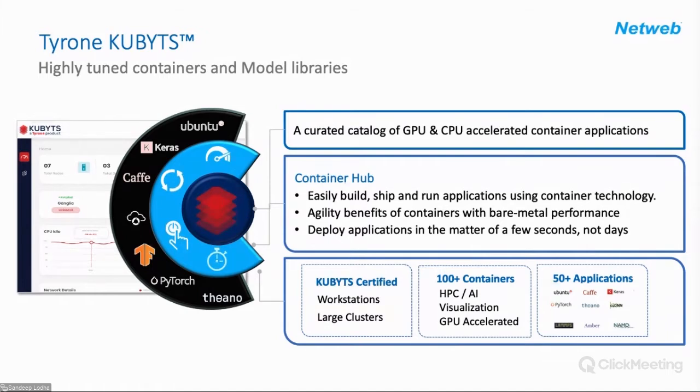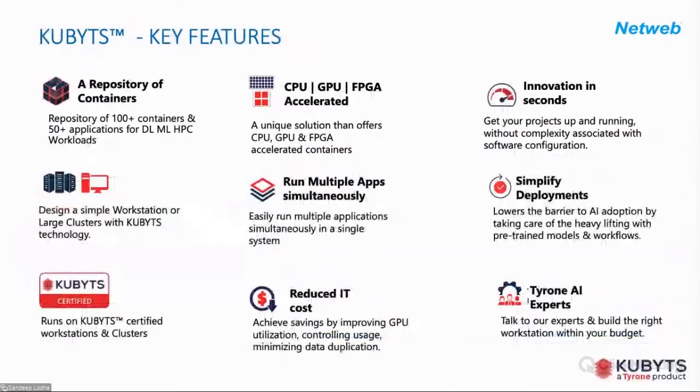Some containers can scale very high across many nodes and still give you bare metal performance. You can run many of these applications, so you can do very optimal utilization of whatever resources you have. This gives a big flexibility to our customers.